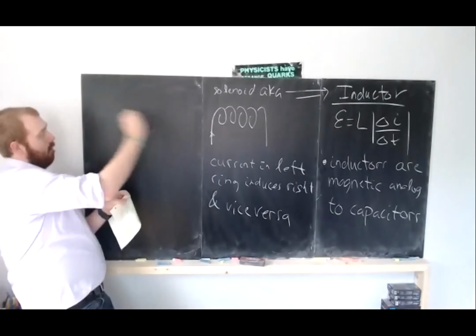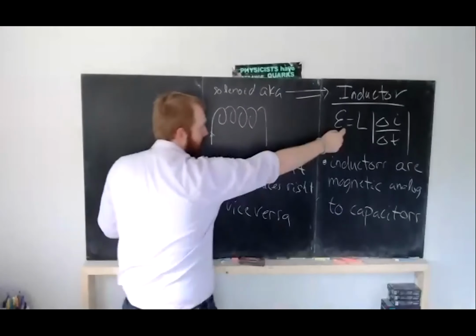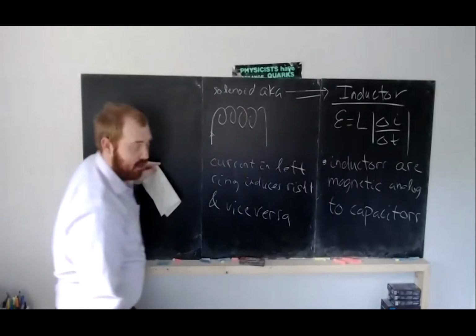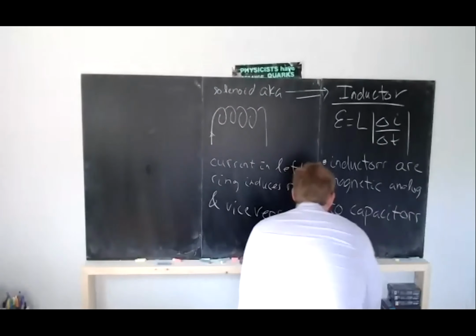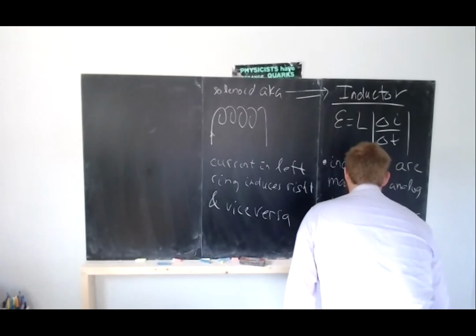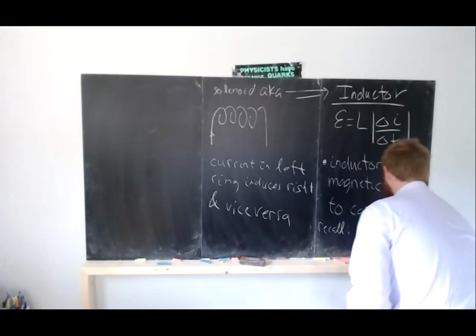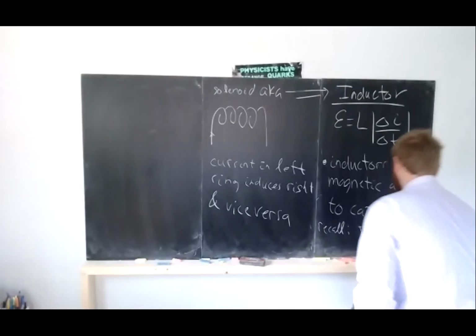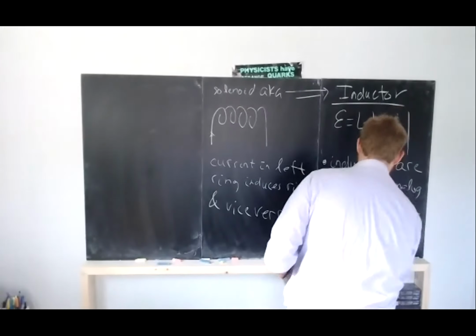Think of it this way. For an inductor, the voltage is equal to a constant times the change in current over change in time. Recall for a capacitor, the voltage across a capacitor is the charge per capacitance.